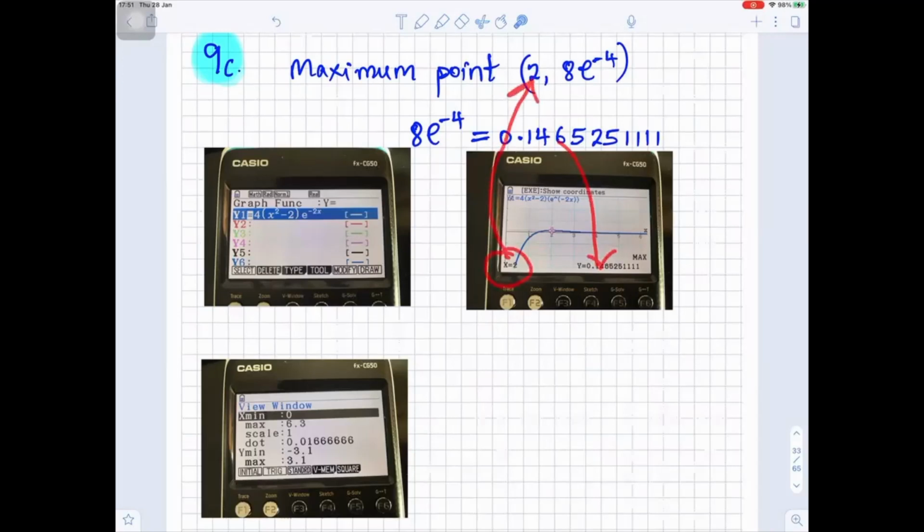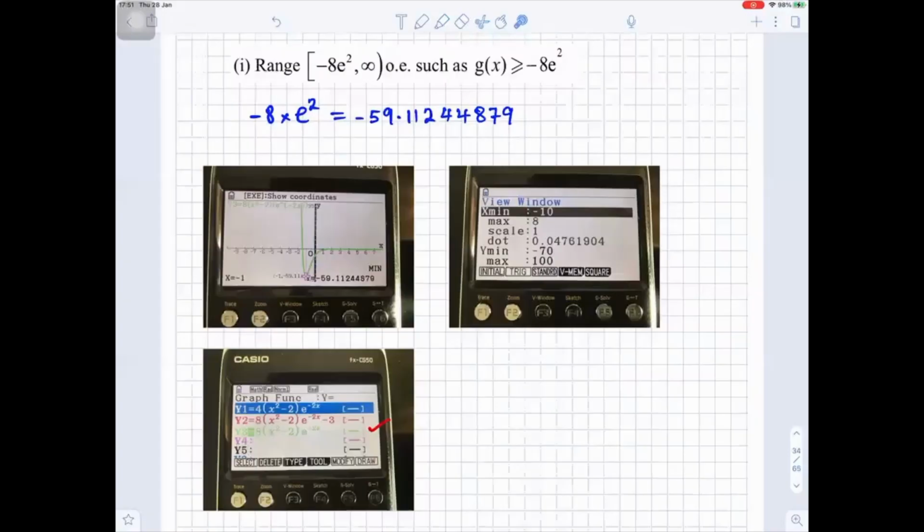So you can use your calculator to check if it's correct. Also, these are other ways. Minus 8 times e squared is minus 59.112. So when x is minus 1, you get minus 59.112, which is that. And that is how you put the view window to see it clearly.